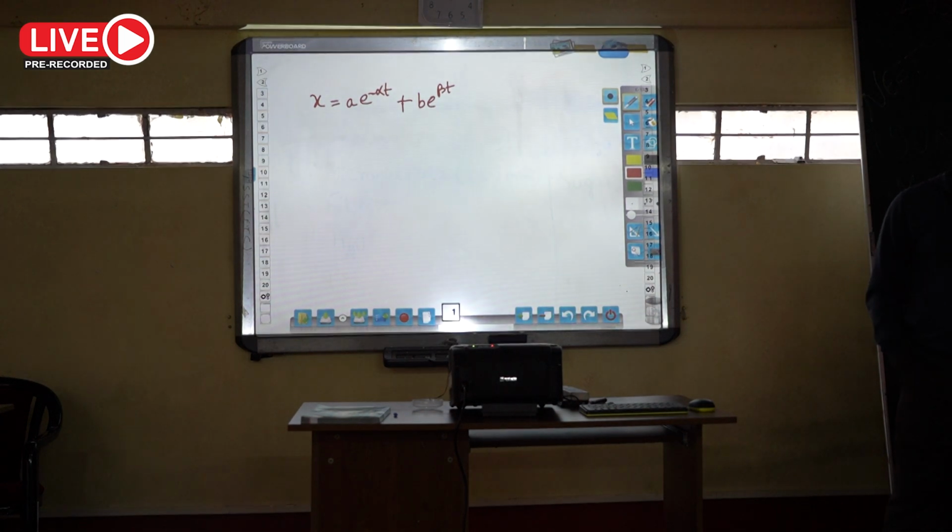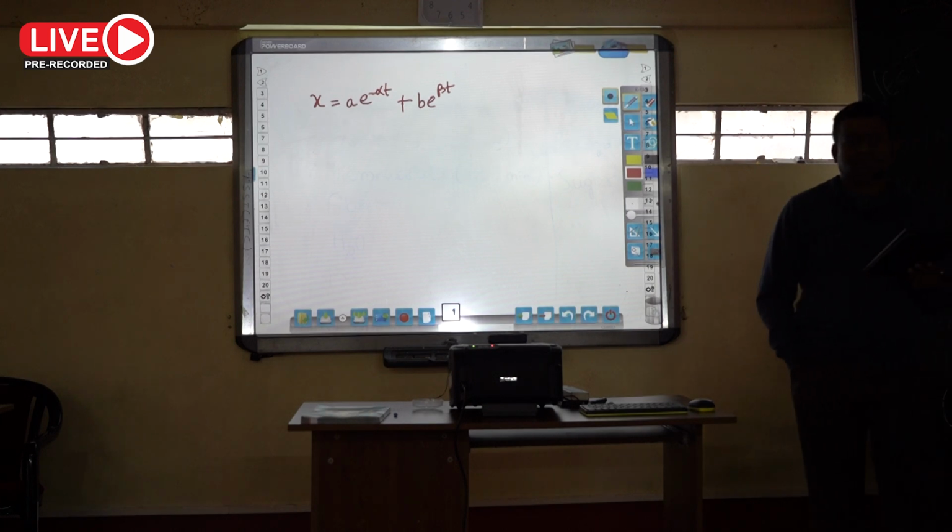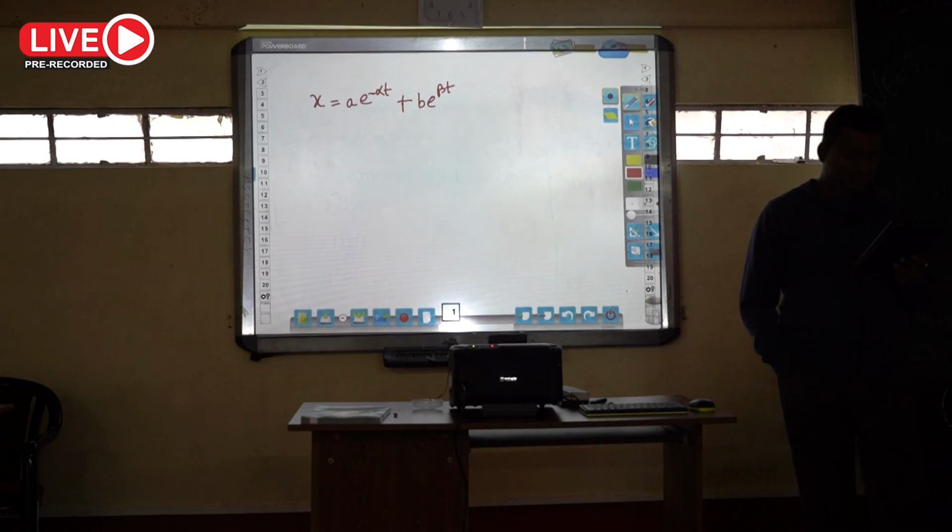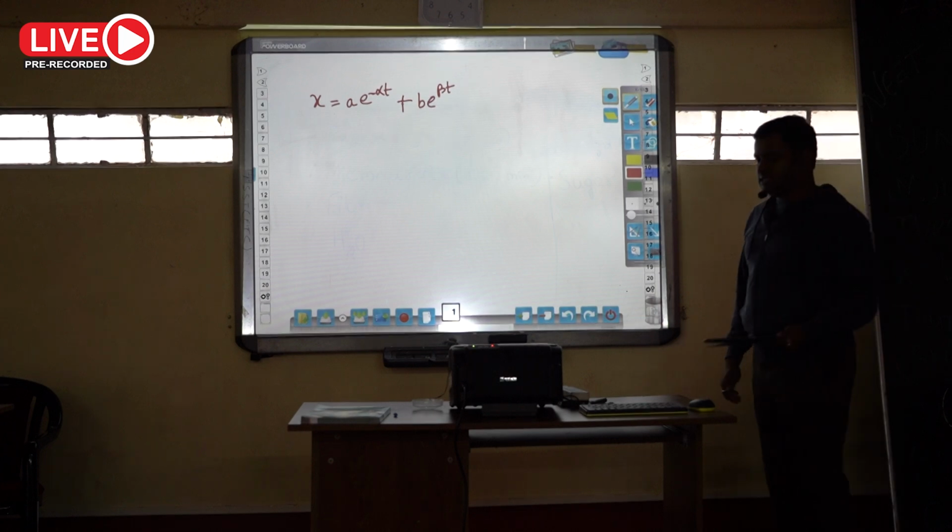Option C, drops to zero when alpha equal to beta. And option D, increases with time.